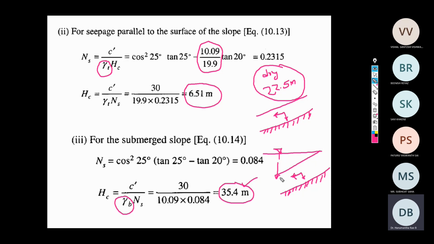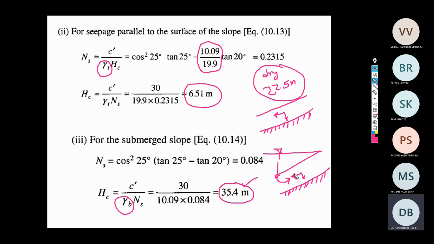So this downward component of the water to some extent counteracts some component, either the normal component or the tangential component of the gravity of the soil.